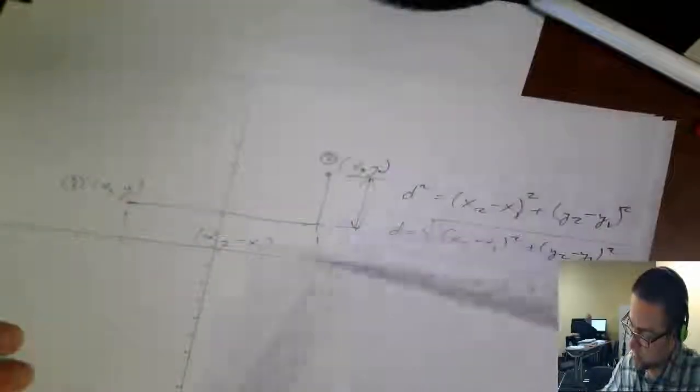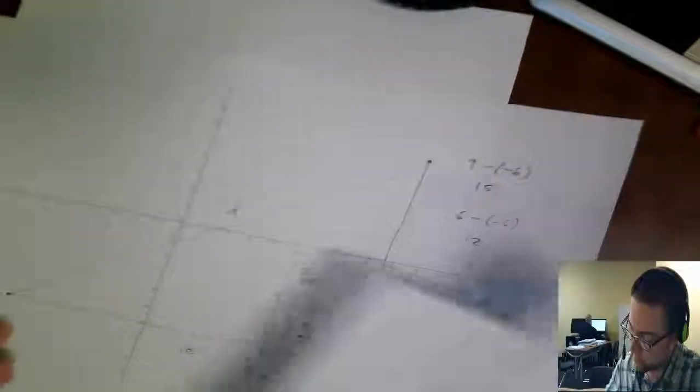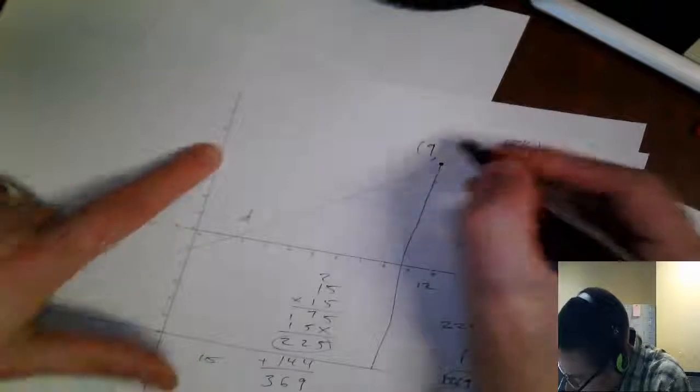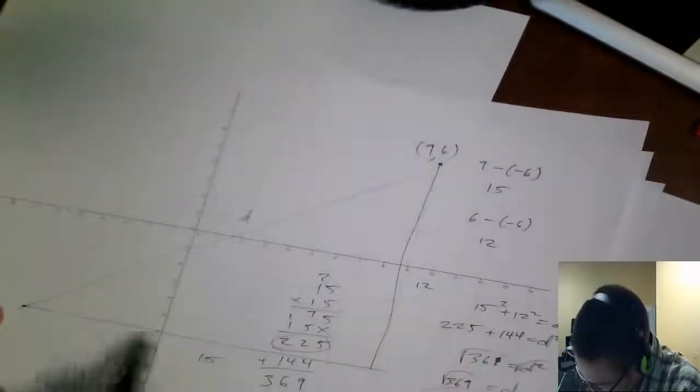Okay, and just check to make sure it made sense with the other one. So I took this point over here, 9, 6, and this point over here, -6, -6.